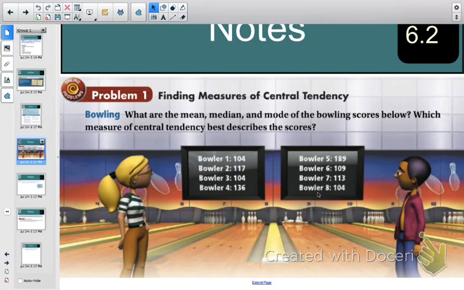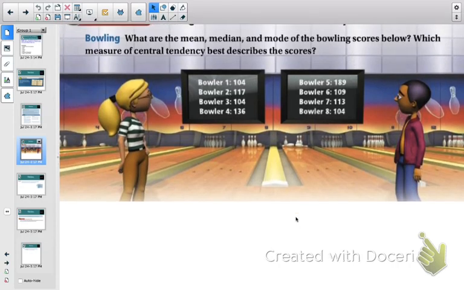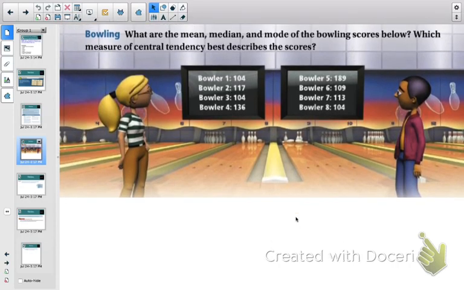This is an example of a numeric data set. It says, what are the mean, median, mode of the bowling scores? Which measure of central tendency best describes the scores? So again, this is numerical, so probably not the mode, but we still can find the mode here. So first of all, let's find the mean. What we're going to do is going to be a fraction.